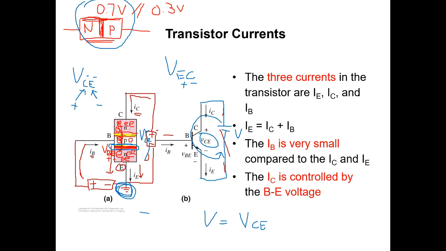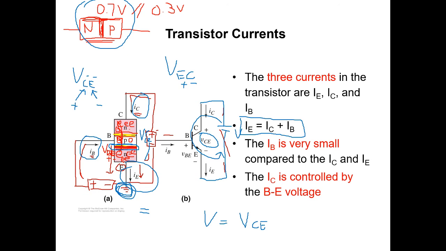The currents that come in are IB and also IC, so IE is the current that goes out. So IE equals IC plus IB, and IB is very small. Why is IB very small?